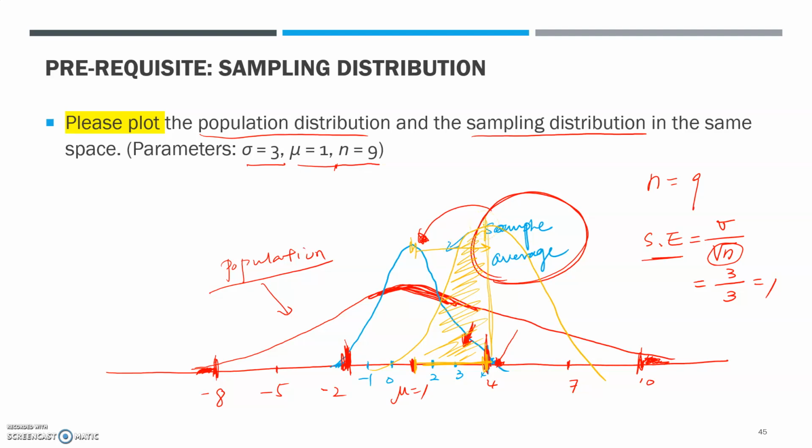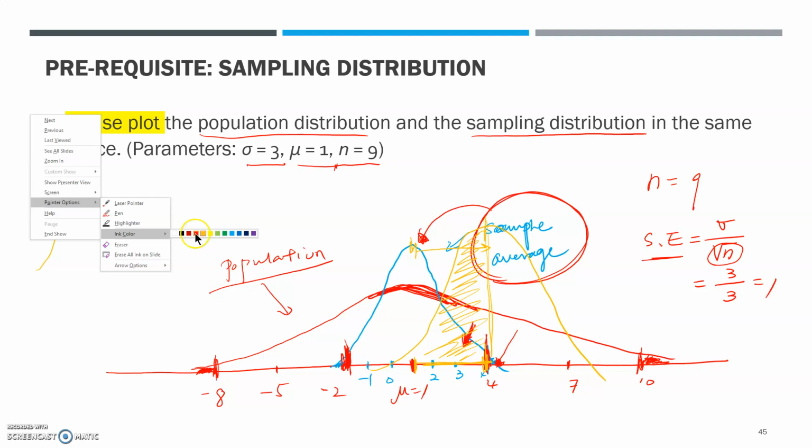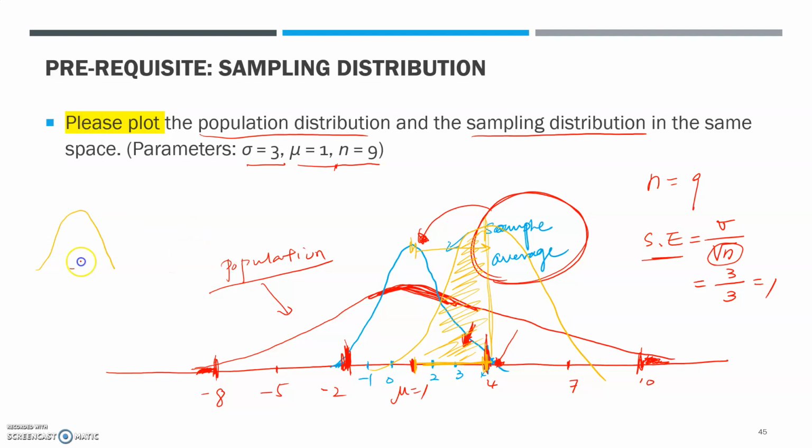Let me give you a better drawing here. You're expecting this, but it has changed to this. This is the new process, which is a bad process, but more than 50% of the time it will give you outcomes falling within this range.